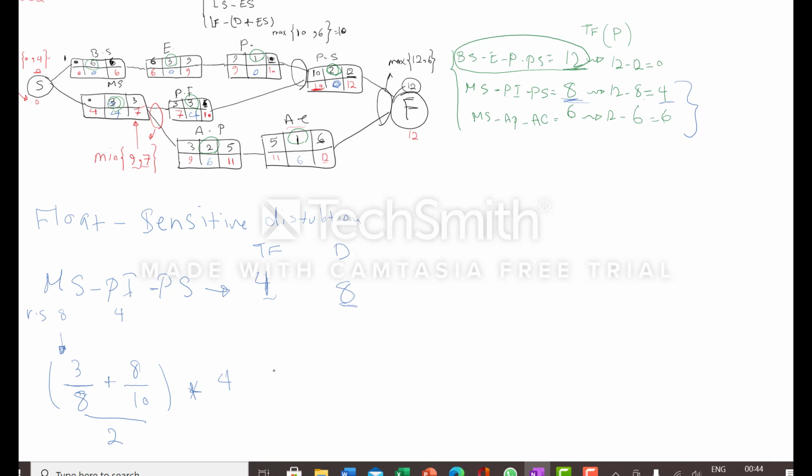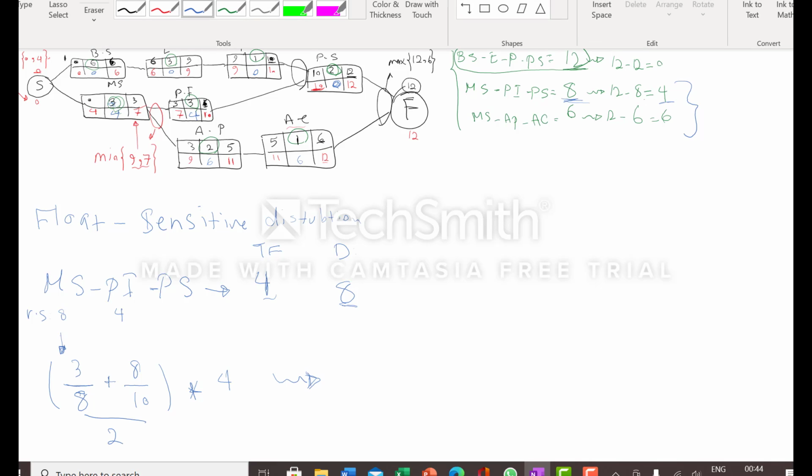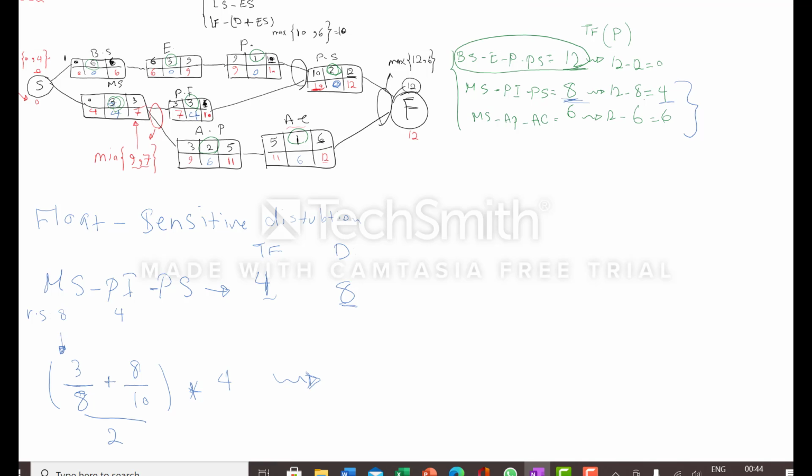In fact, the formula of this is the actual duration of market study to path duration multiplied by total float.